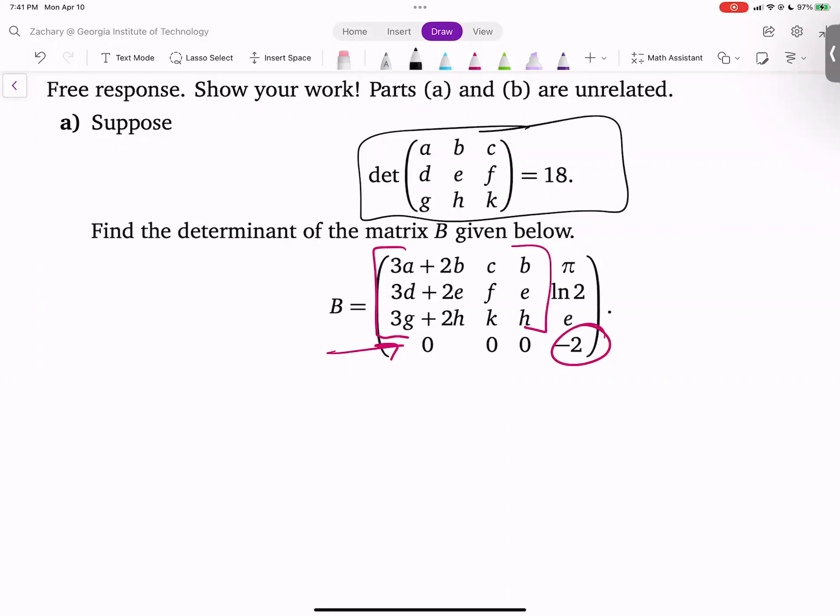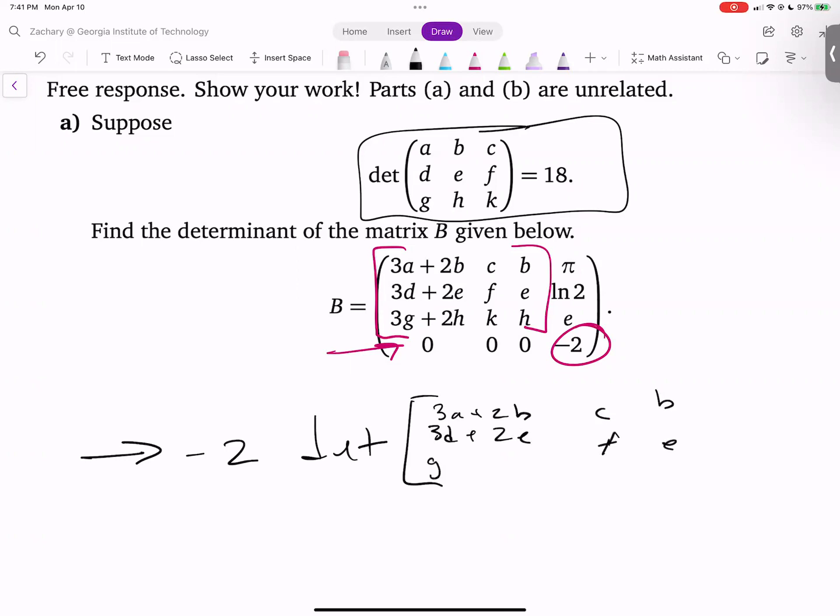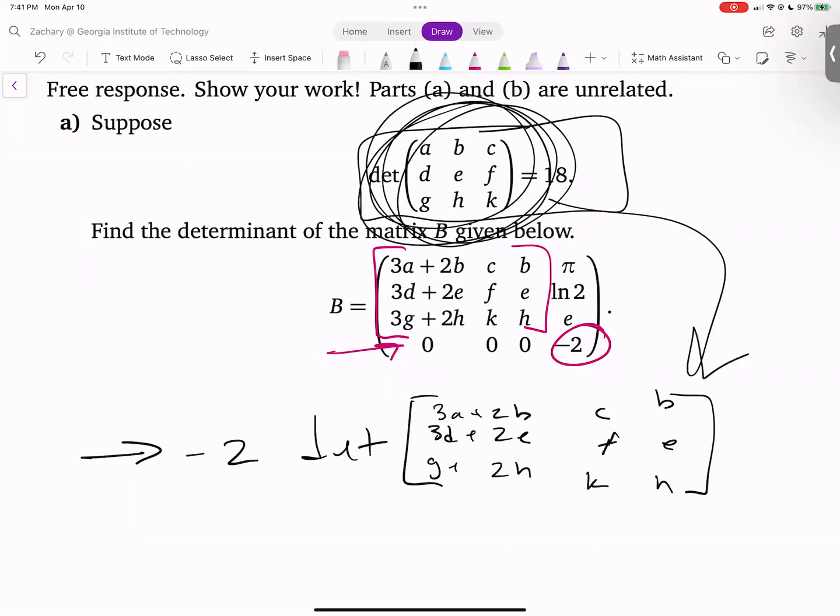So what we need to do is we'll break this up and we'll say -2 times the determinant of 3a plus 2b, c, b, 3d plus 2e, f, e, g plus 2h, k, h. Okay. So now the question is, how on earth do we get from here to here, right? Now we're combining a column.